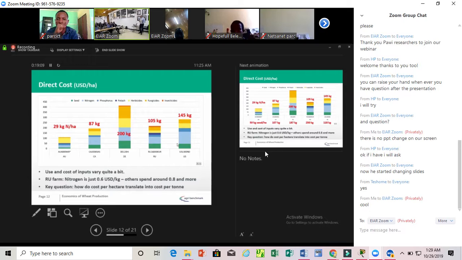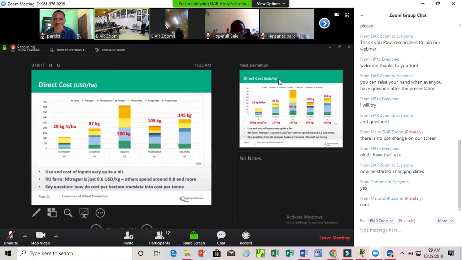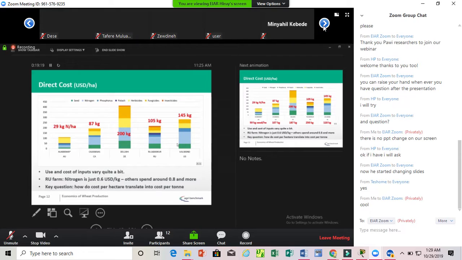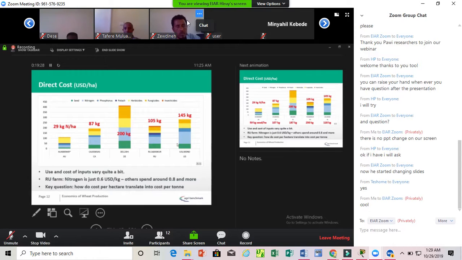That is primarily because Russia is a very big producer of nitrogen, so they have access to cheap nitrogen, whereas other producers often have to import it or have higher cost for energy. Energy is 90% of the cost to produce nitrogen.